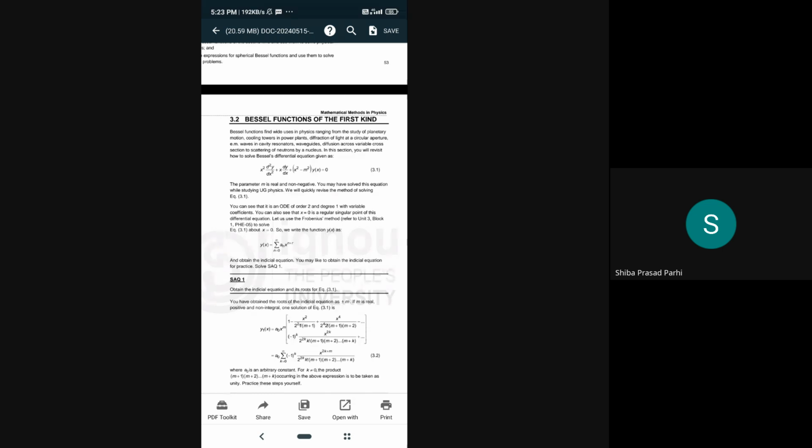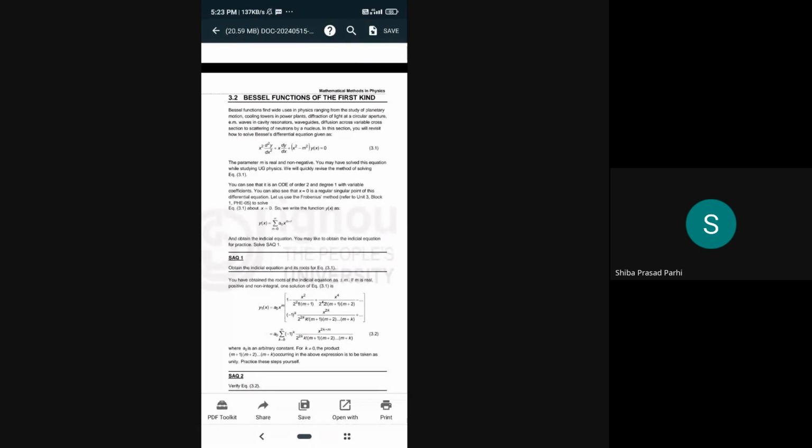So our Frobenius method, we have discussed how we solve it by extended power series. So the expression here is written as y of x is equal to summation n is equal to 0 to infinity a subscript n x to the power n plus r. So we had k, here it is r, all other things are similar. So you have to solve for r.